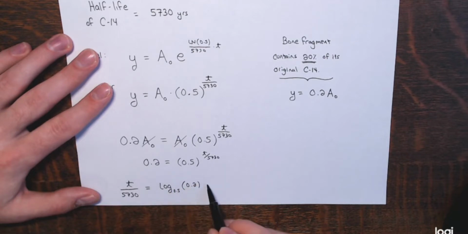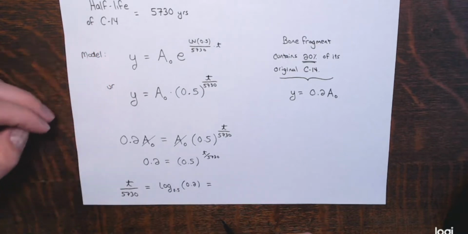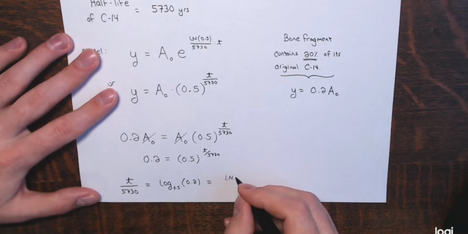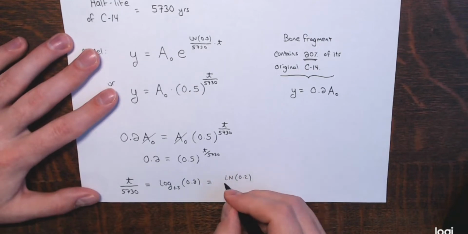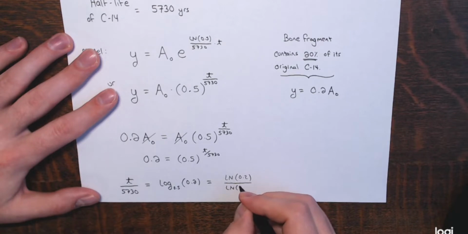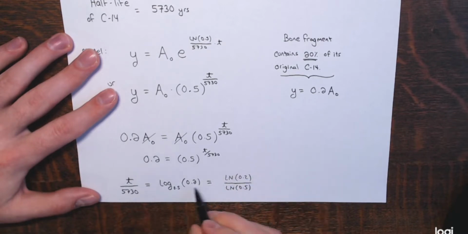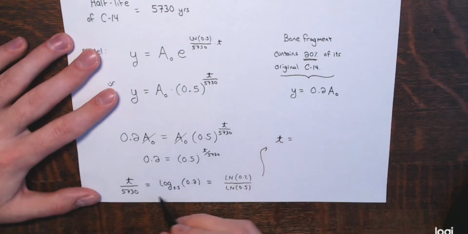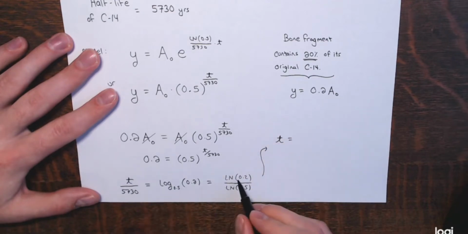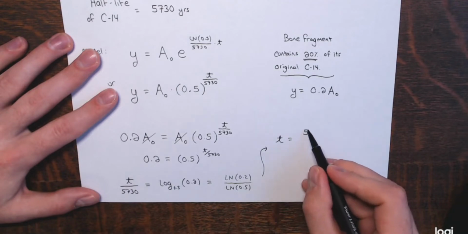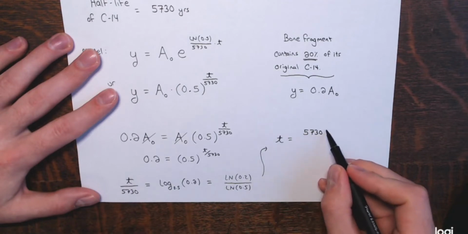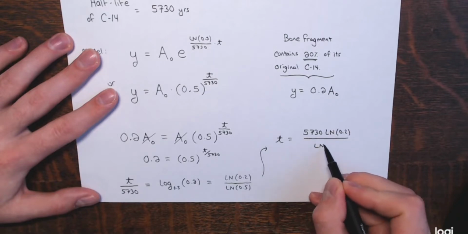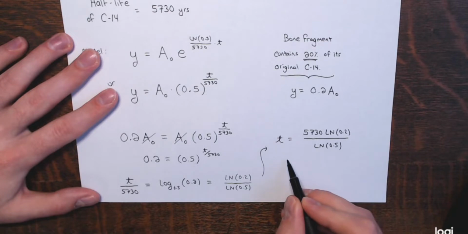If you don't like this, you can use the change of base formula and change it to natural logs: the natural log of 0.2 divided by the natural log of 0.5, and then multiply by 5,730. So T equals 5,730 times the natural log of 0.2 divided by the natural log of 0.5, and we're going to round this to the nearest year.